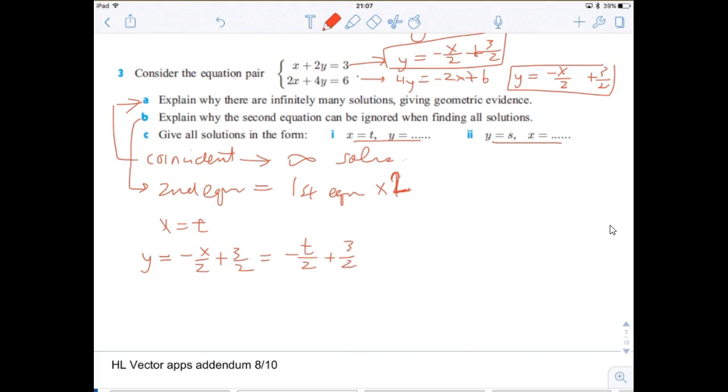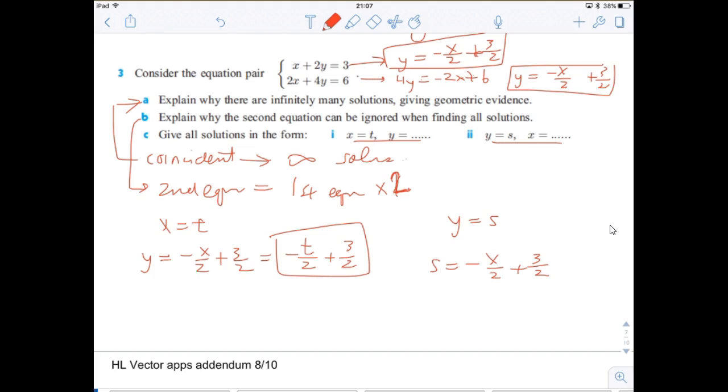So I've just found a parametric equation for y, right? Okay. And now what if, instead of having x equals t, I defined y equal to s? What would x be then? Okay, so I'm going to plug s into my slope-intercept form equation. And then I'm going to solve for x.